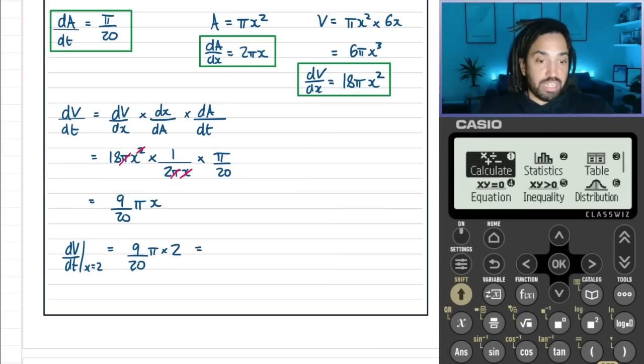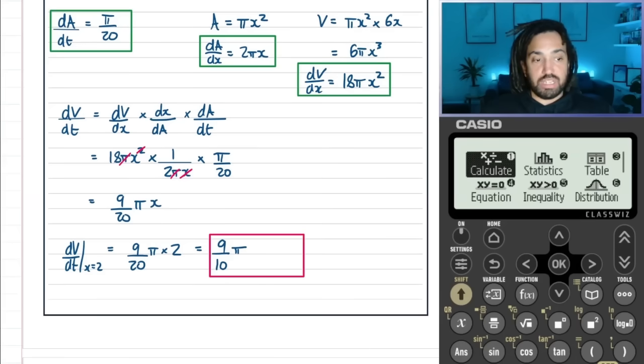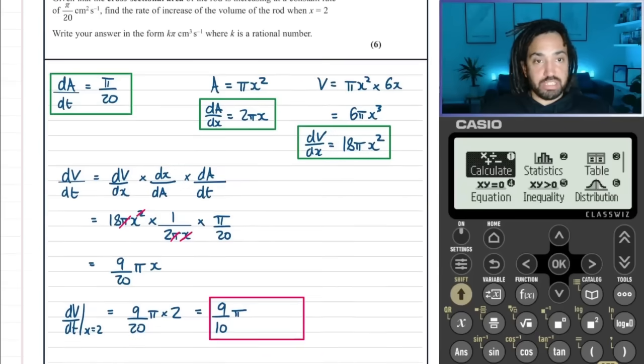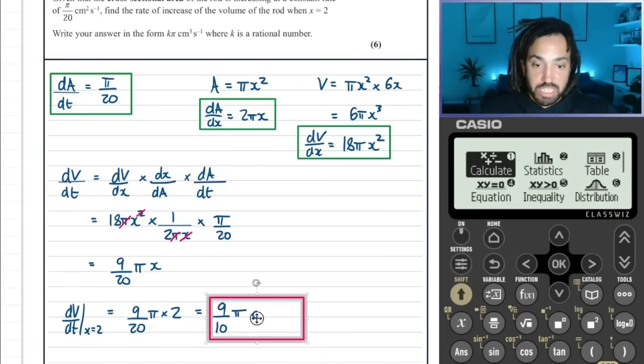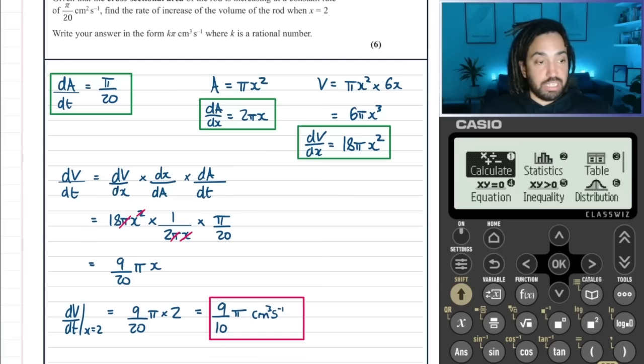So the 2 will cancel with the 20 and leave 10. So it's just 9 over 10 pi. And that's perfect. And that is our final answer. Oh, and I should have checked a little bit here, but it does say write it in this form. So I would want to just put my units in there as well. So that's cm cubed s to the -1, like that.